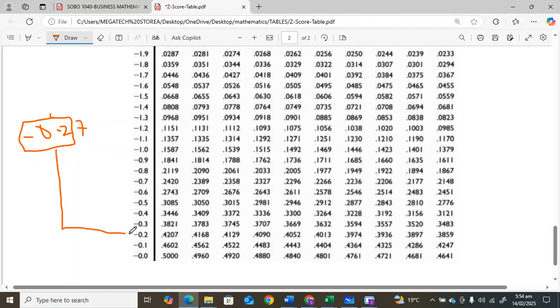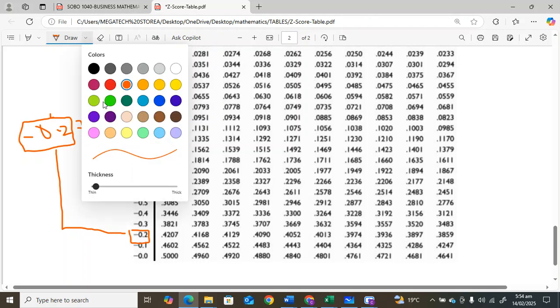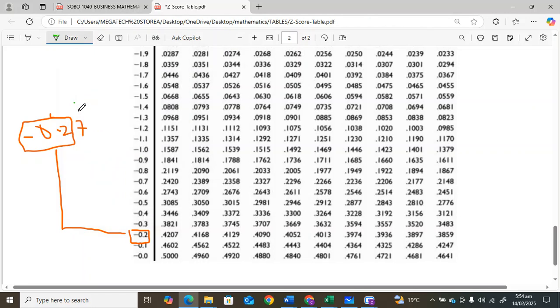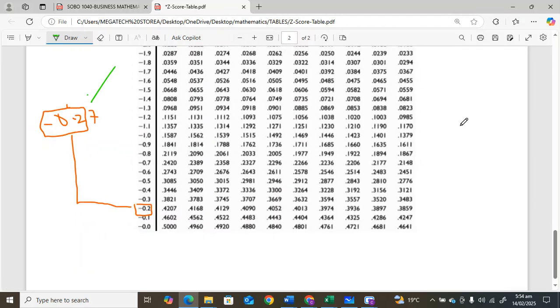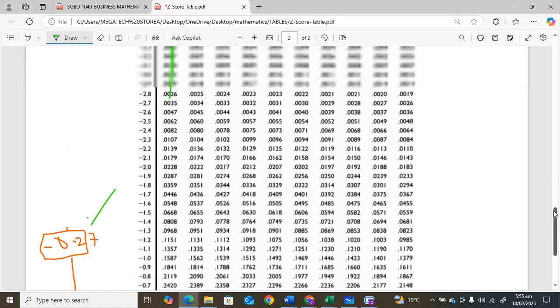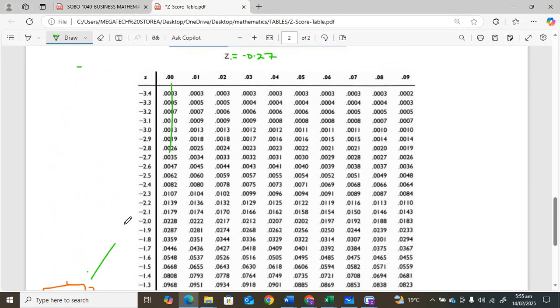Yes, we go to the first row. Since we've got a 7 here, we look for 7 here.